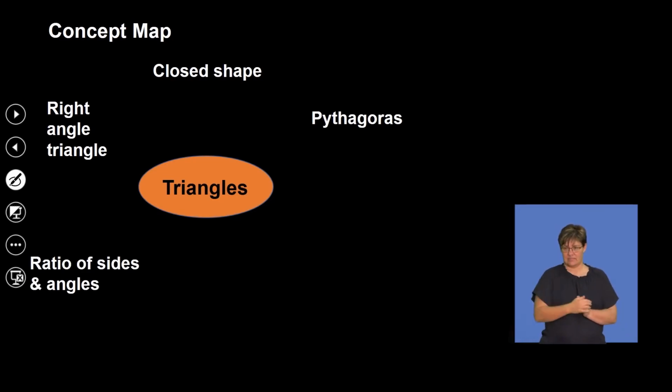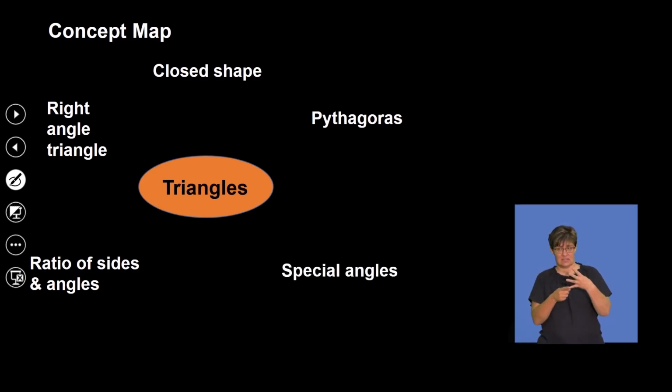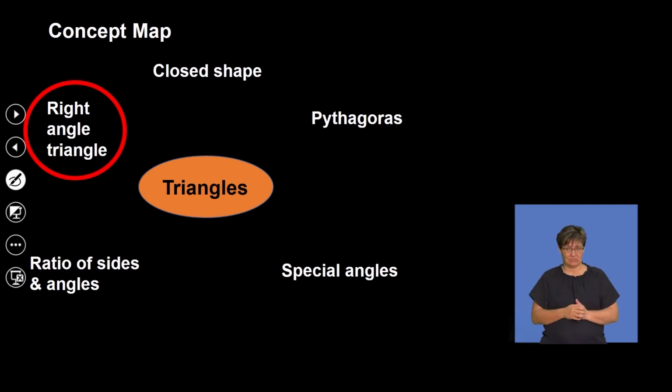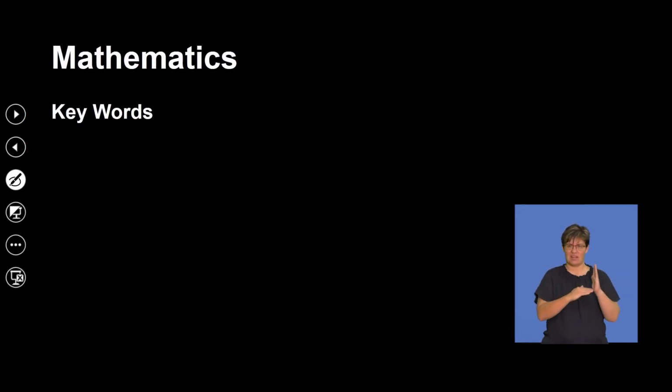Then we look at ratios of sides and angles as well. Lastly, we're going to talk about the concept of special angles and exactly what they are about. But now let's look at what right-angled triangles are.